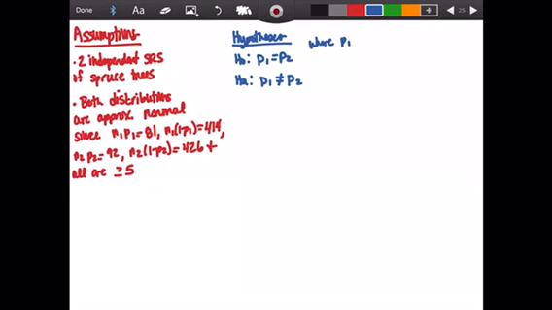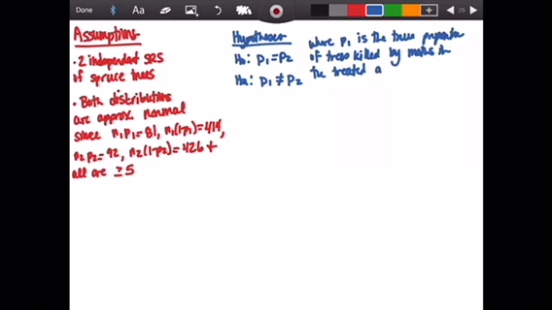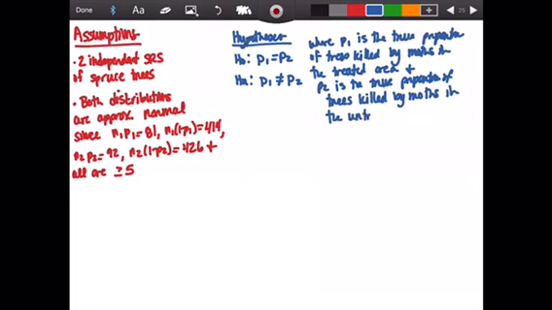Remember, we have to define our variables, where P1 is the true proportion of trees killed by moths in the treated area, and P2 is the true proportion of trees killed by moths in the untreated area.